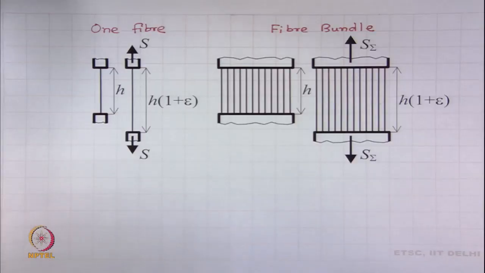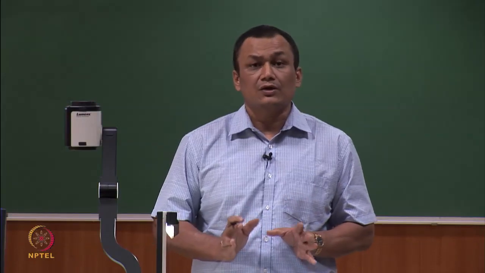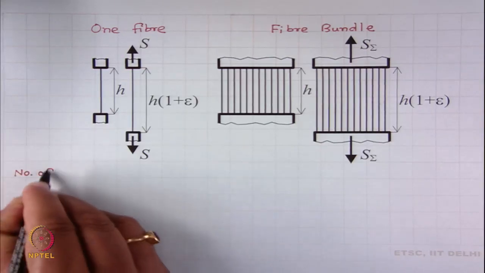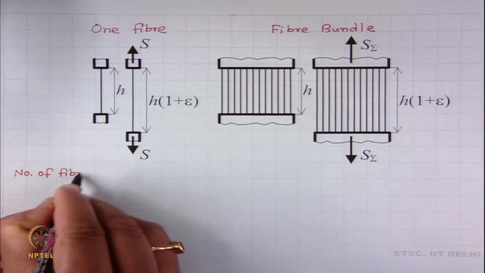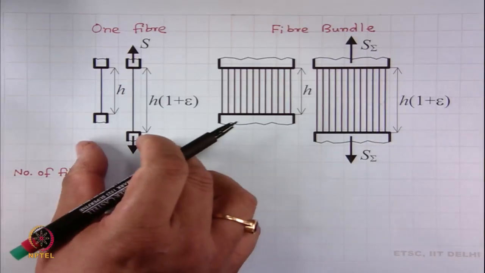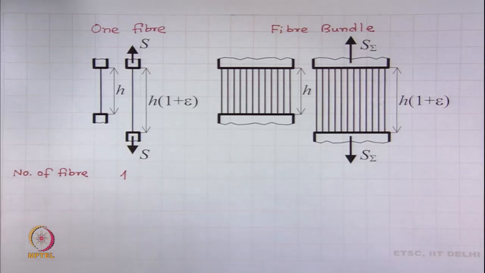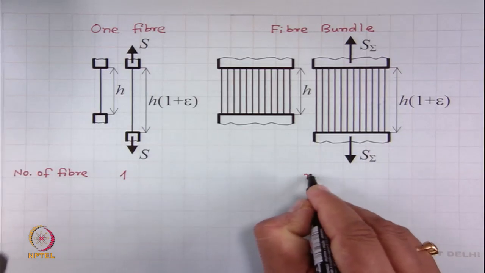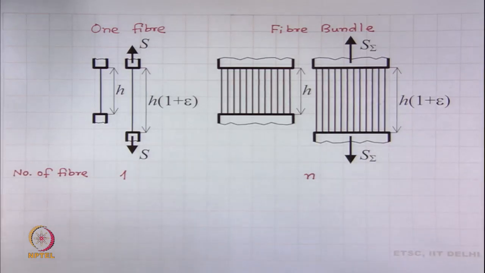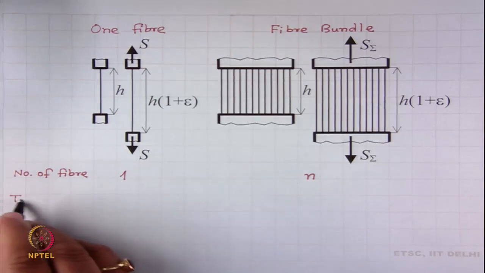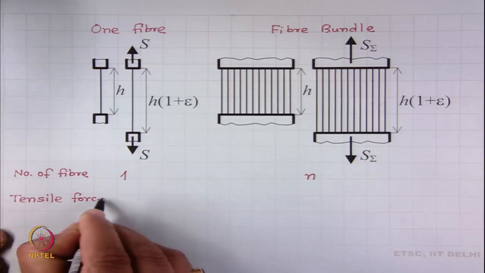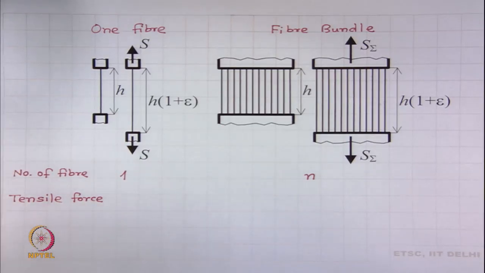Let us now analyze the situation in respect of the mechanical quantities. Number of fibers first. How many fibers do we consider here? 1. And here, say it is small n. Now, tensile force. What is the tensile force we consider here?